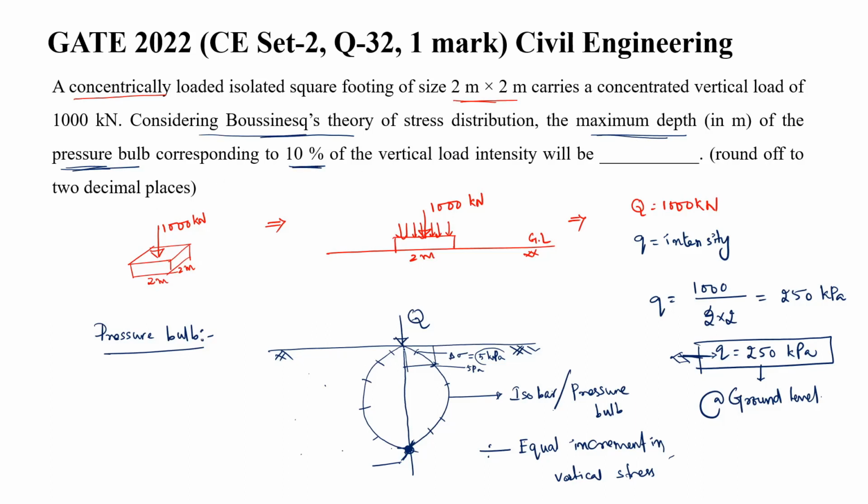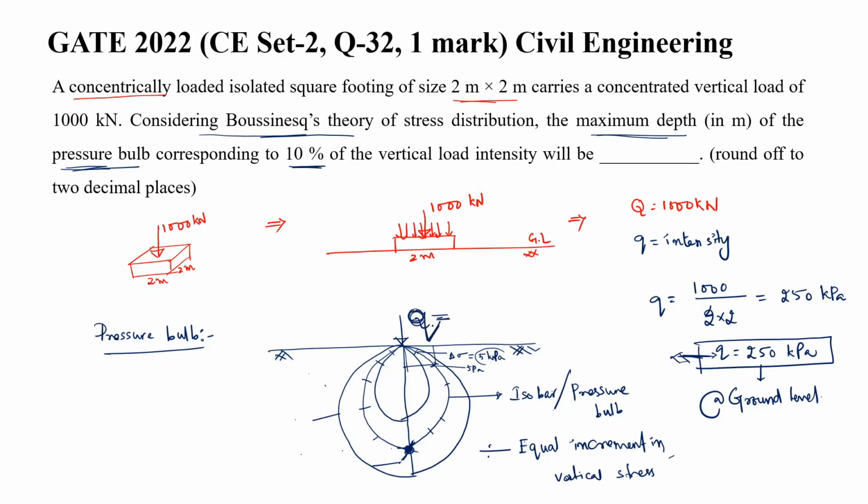There will be a number of isobars, and each isobar represents one particular percentage increase. Let us say we are applying some intensity, small q.